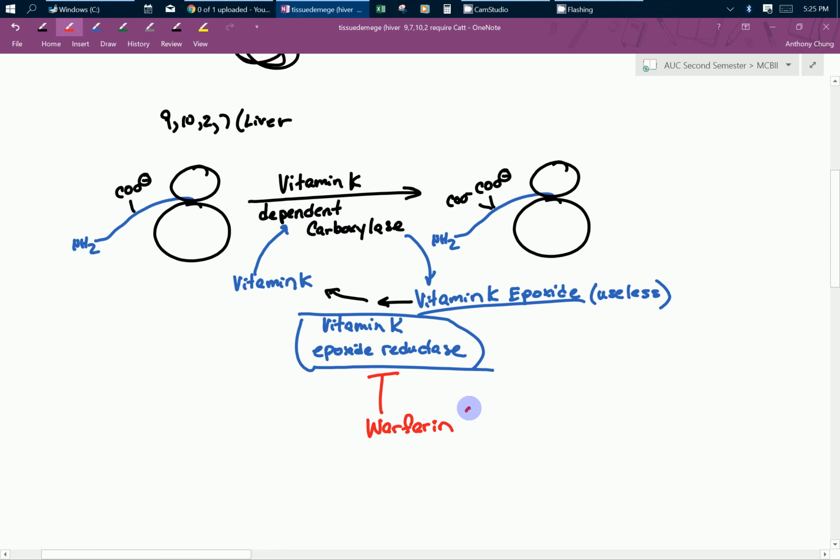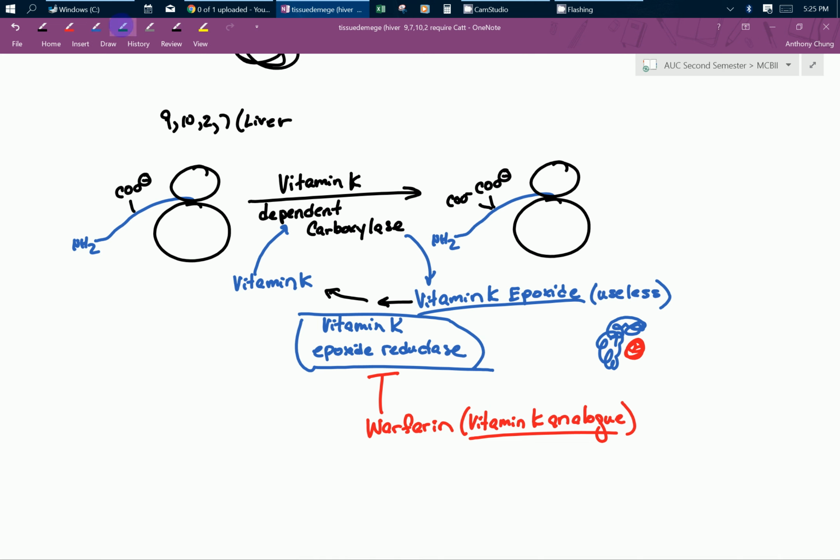Warfarin is a vitamin K analog, which looks like vitamin K. So if you have a vitamin K epoxide over here and it typically has an active site, this warfarin is going to block your real vitamin K. So it's a competitive inhibitor.